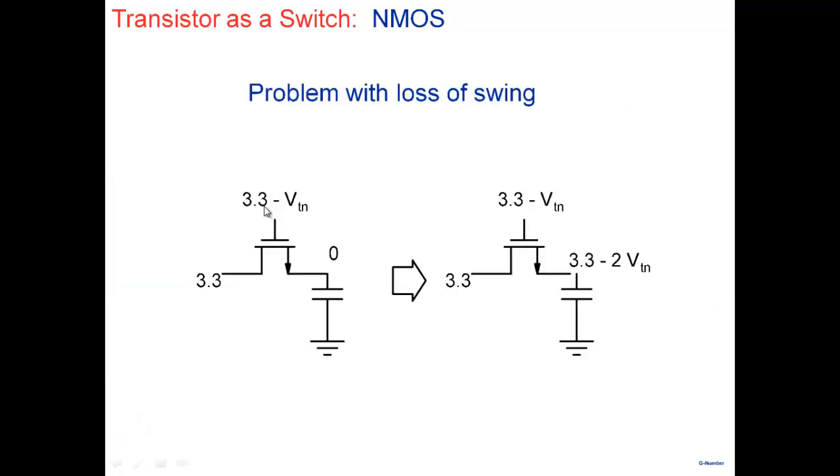So if we get 3.3 minus VTN here, then we end up getting 3.3 minus 2 VTN. So the problem can get compounded. As you cascade one gate to the next, 3.3 minus VTN, so you get 2.3, and then you get 3.3 minus 2 VTN, so you start getting into a problem.